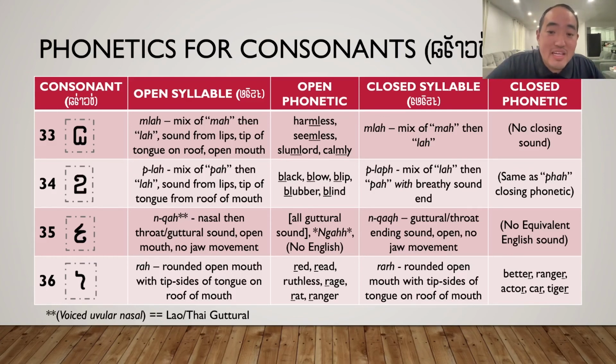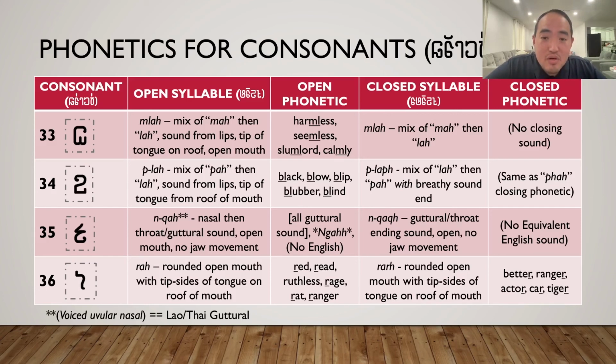Like the word red, read, ruthless, rage. I forgot to put the underline on the R. Rage, rat, ranger. And that's how you pronounce the open syllable for ra.